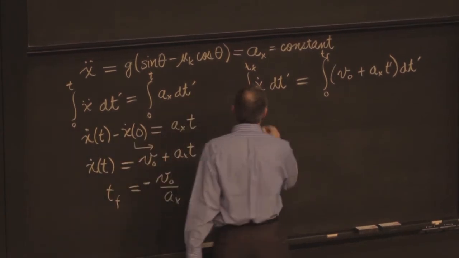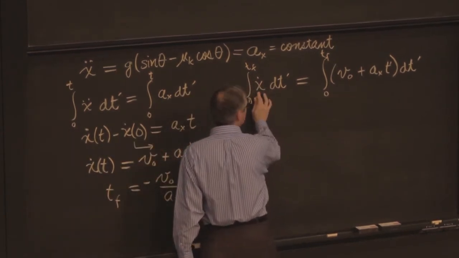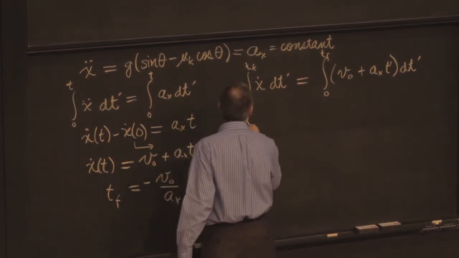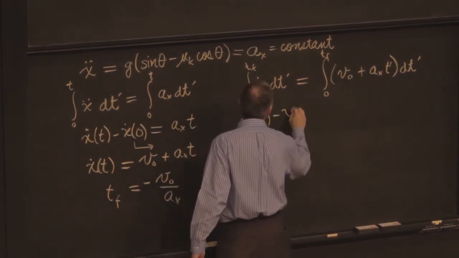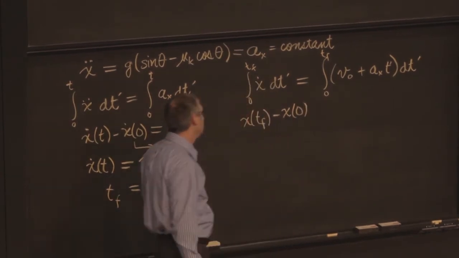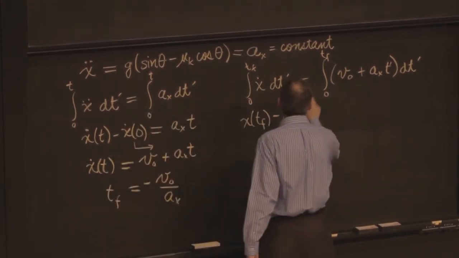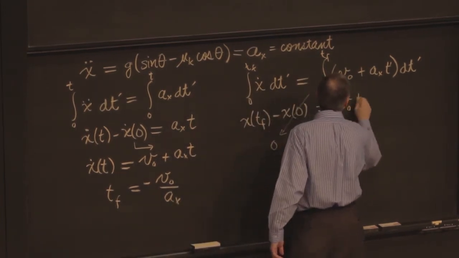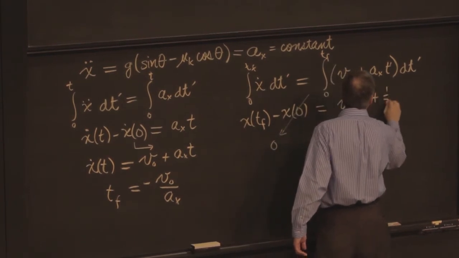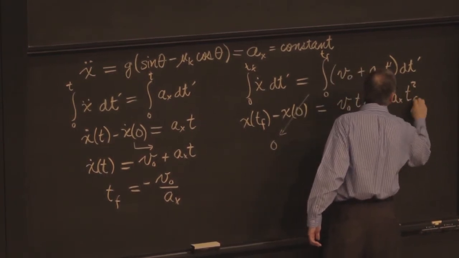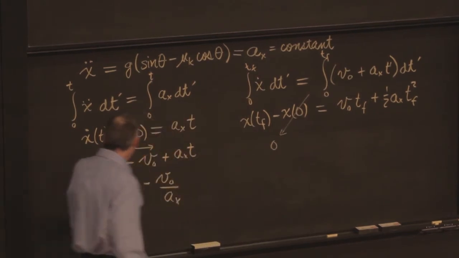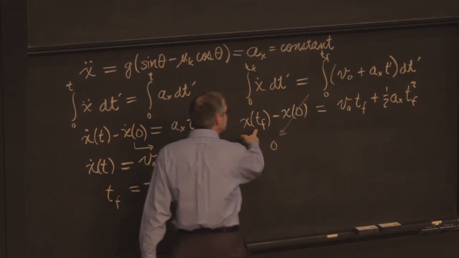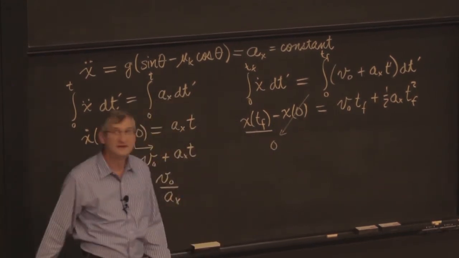And I get, what do I get on this integral? x of t final minus x at 0, which we're going to take as 0, is equal to v naught t final plus 1/2 a_x t final squared.